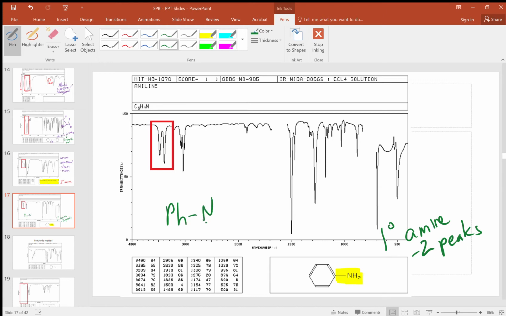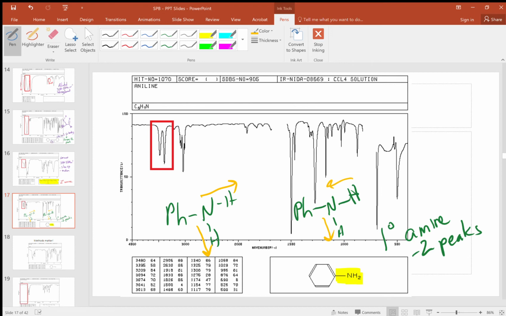Well, what we're seeing here, if you think back to that slide where we watched the video of the different types of stretches and bends that make up IR, you may recall that there were 2 types of stretches. The symmetric stretch, where these 2 are stretching the same way at the same time, or the asymmetric stretch, where the behavior is opposite.